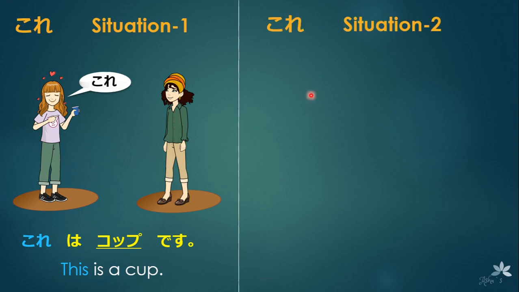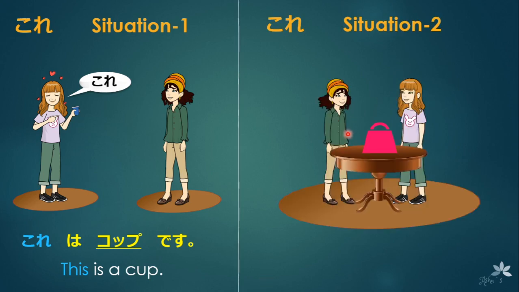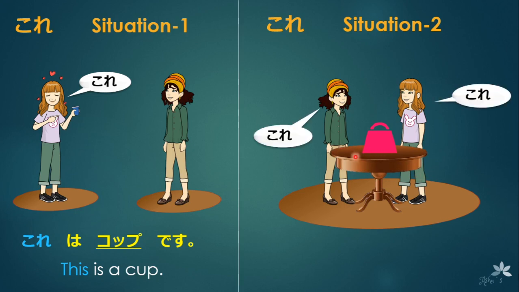And in the next situation, we have the speaker and the listener both standing close to each other, and there is an object close to them. It's not in anyone's hand, it's just close to both of them. So this object, the bag here, will be referred to as kore by both the speaker and the listener.